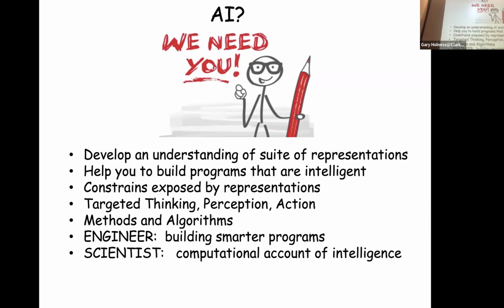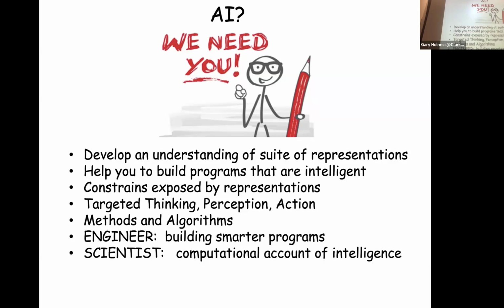Now, to the engineering crowd, AI is about building quote unquote intelligent programs. They can make decisions of their own percepts, what they input from the environment. But for the scientists, like computer scientists, we're looking at computational accounts of intelligence. For example, what is culture? How do you represent culture?